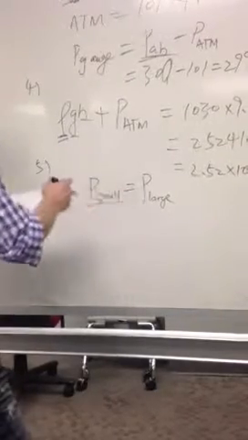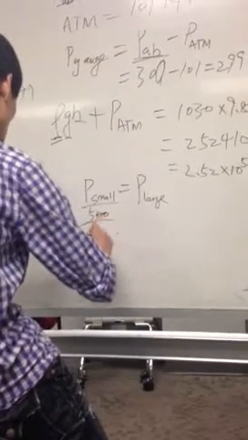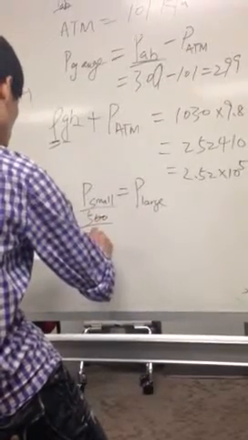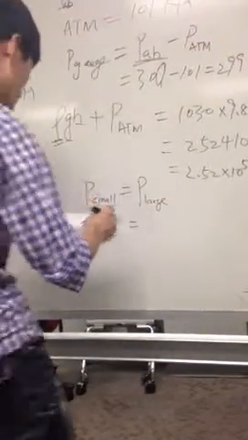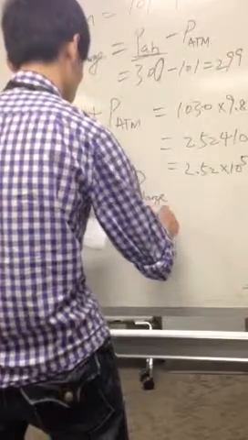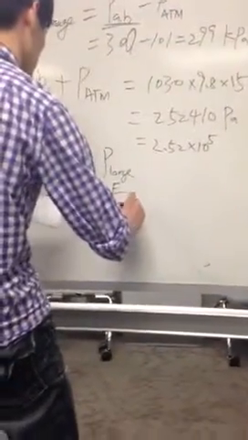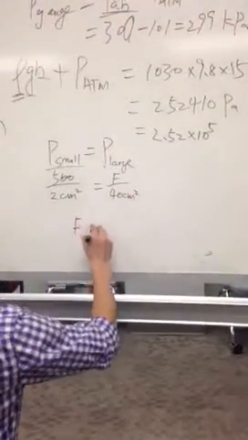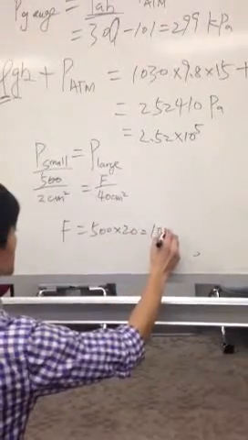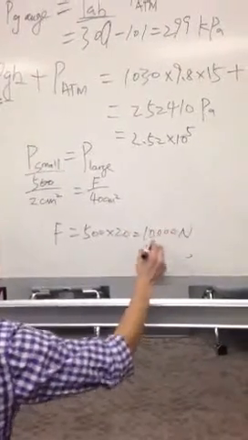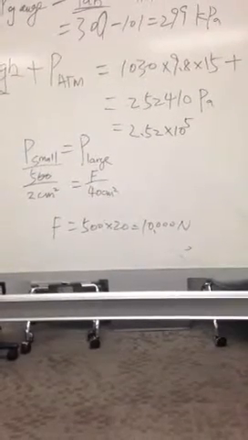And the small side is 500 over 2. And the large side, we don't know the force. What we know here is 40. So if you calculate it, 500 times 20 is 10,000 Newton. Okay.